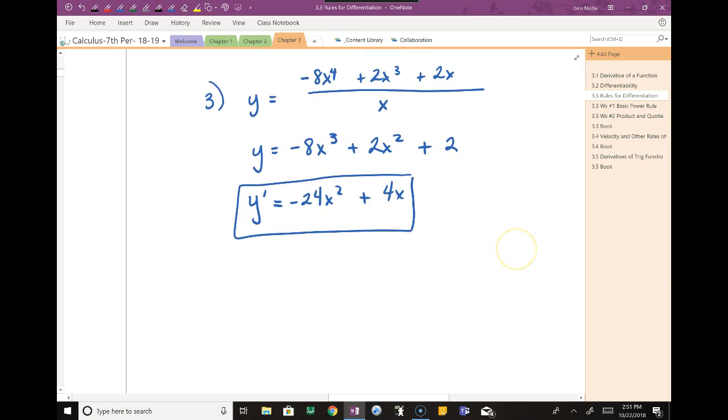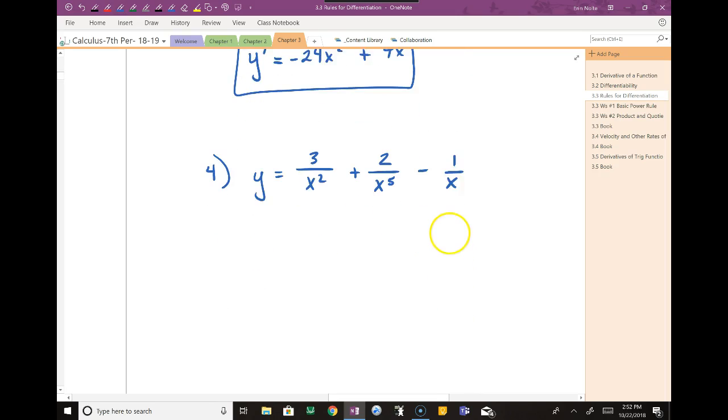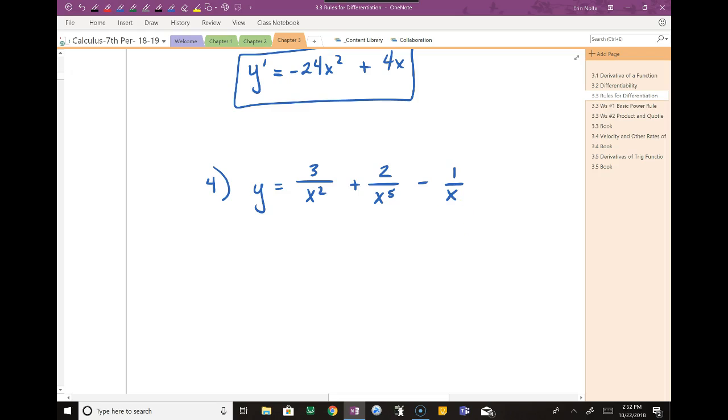Let's try another one. 3 over x squared plus 2 over x to the 5th minus 1 over x. Okay, this is the same thing. I cannot derive this as it is written.